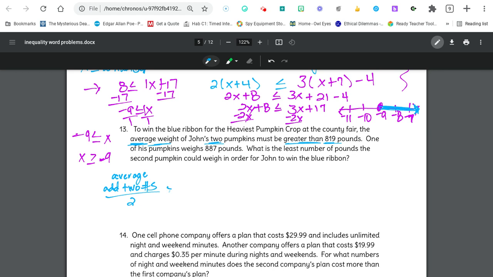So when you do that, this is going to have to be greater than 819, if that makes sense. It says one of his pumpkins weighs 887 pounds. What is the least number of pounds the second pumpkin could weigh in order for John to win the blue ribbon? Okay, so first of all, I'm going to say that the thing I don't know is the weight of the second pumpkin.